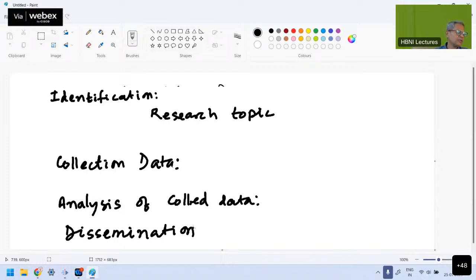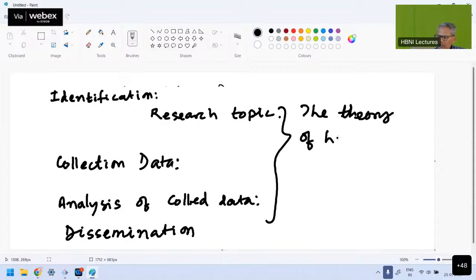Basically, it is the theory of how research is done. So this is all about research methodology.